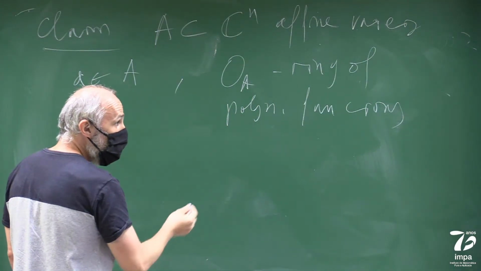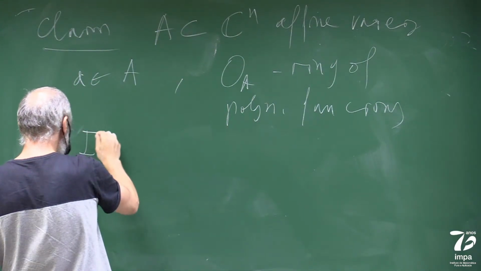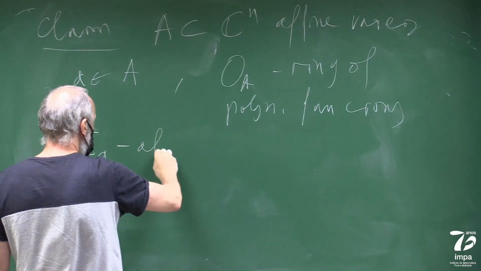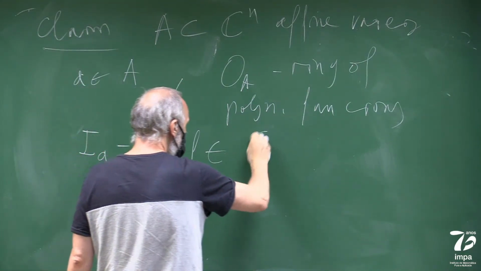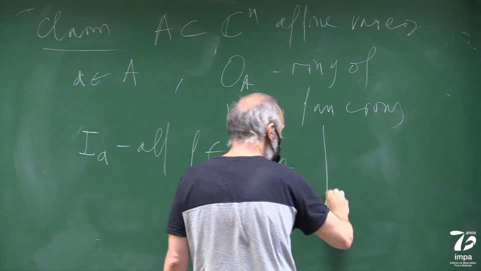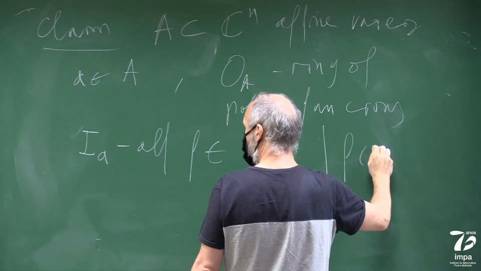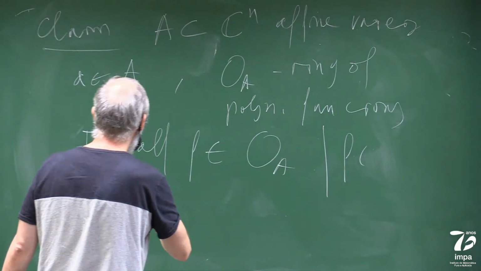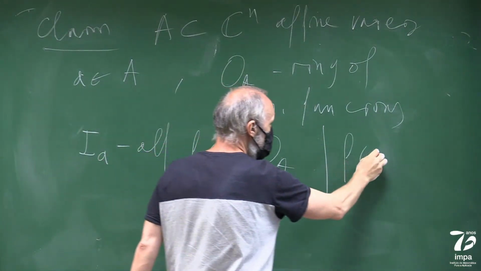Consider the ideal I_a of all functions vanishing at this point, so f(a) is equal to 0.